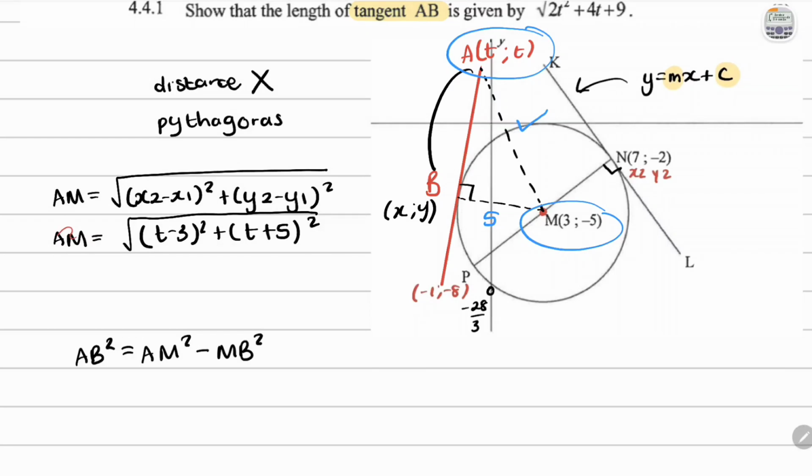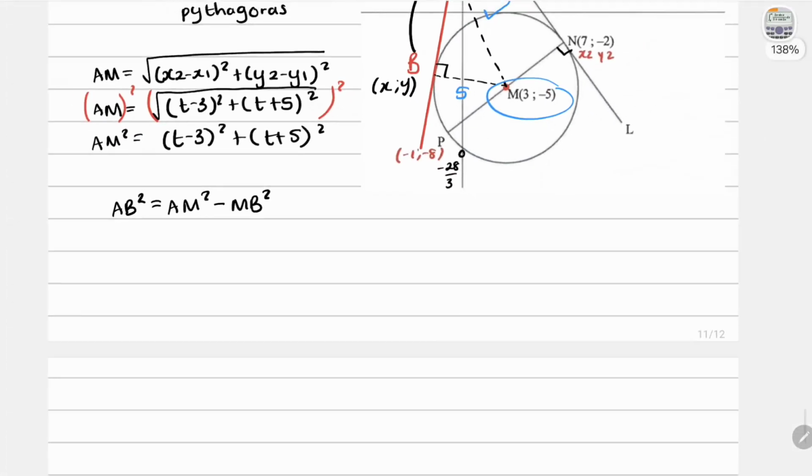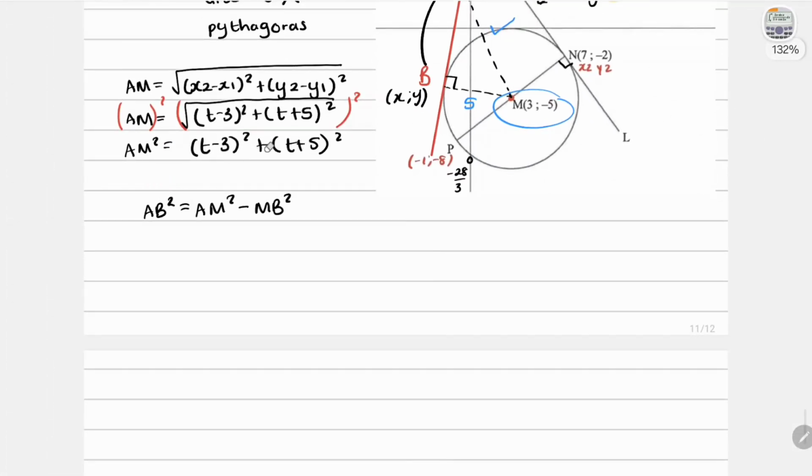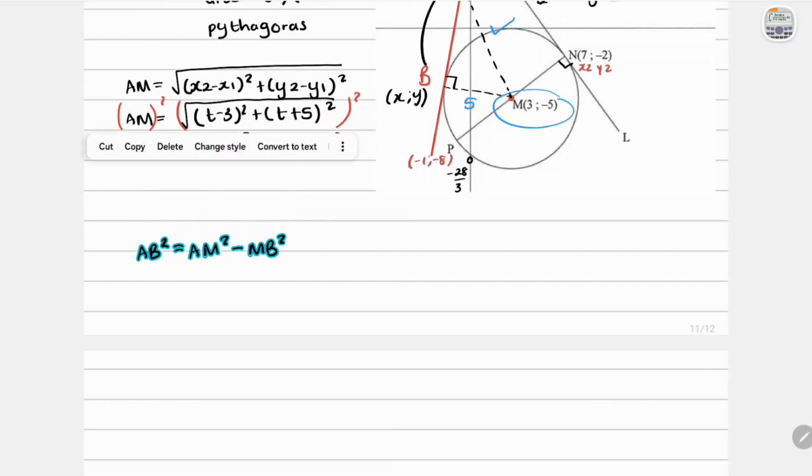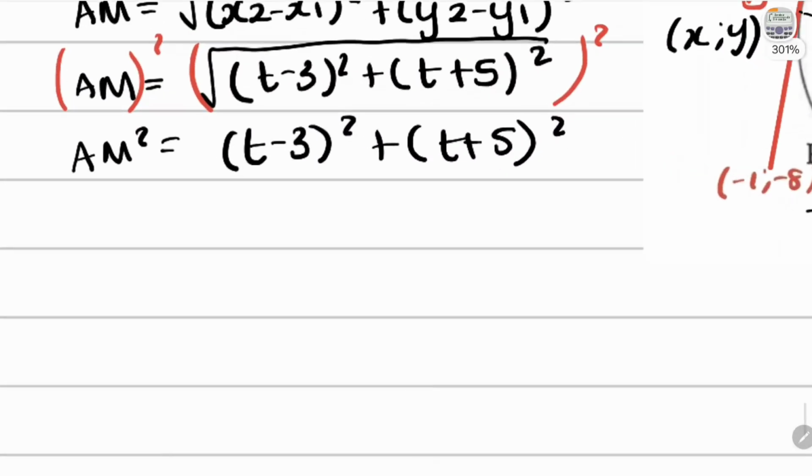So we can even go ahead and square it from here, or we didn't even need to include the square root, honestly. If you squared it, those square roots just break open. So we have AM squared is equal to t minus 3 all squared plus t plus 5 all squared. Now you have the choice to simplify this, which I think is a good thing to do. We can simplify that first and then work with the theorem of Pythagoras. So let's pull this down here and clean this up.